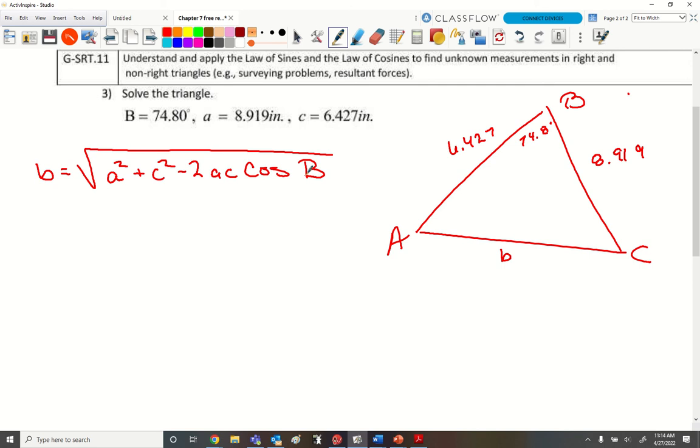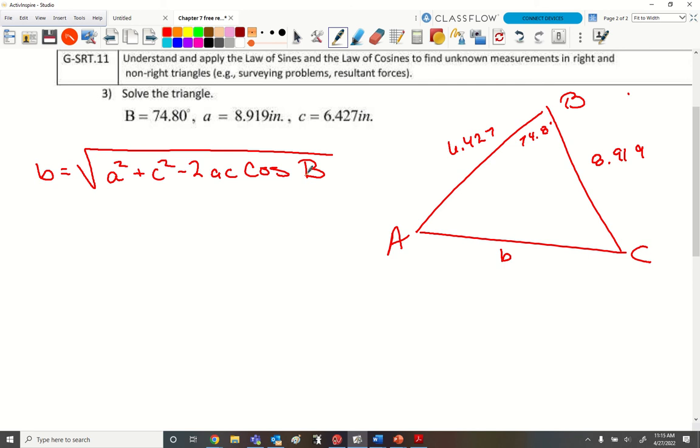I have a question. Where did this come from? Where is the sine of a squared? That's for angles. If you're solving for a big letter, an angle, you would use that. Right now we're solving for a side, so it's law of cosines because of the side.